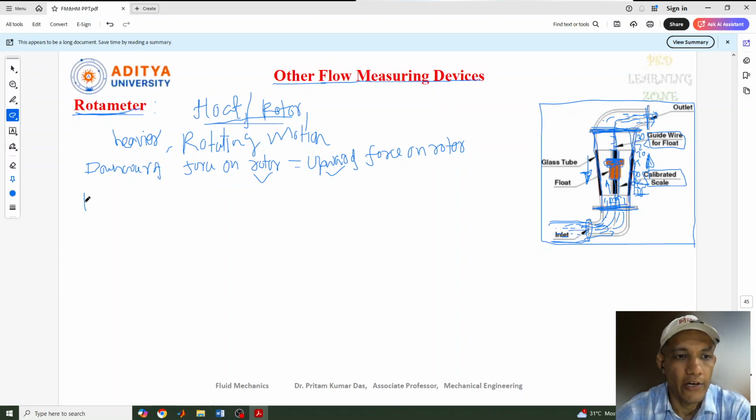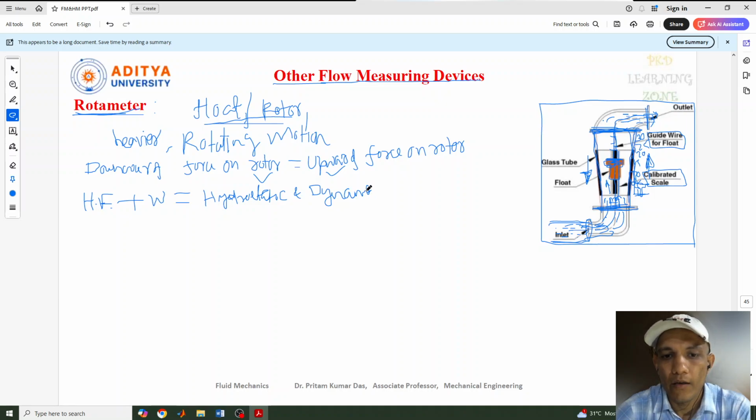Okay, two things: the hydrostatic force on the upper side of the rotor plus the weight of the rotor is equal to the hydrostatic and dynamic thrust of water, or liquid, you can say, on the underside of the rotor. Here we need to consider water, because that is the medium which is acting on the rotor.